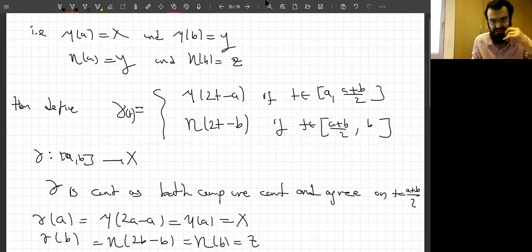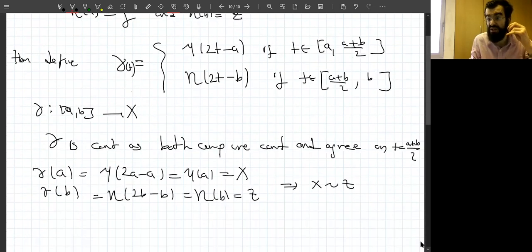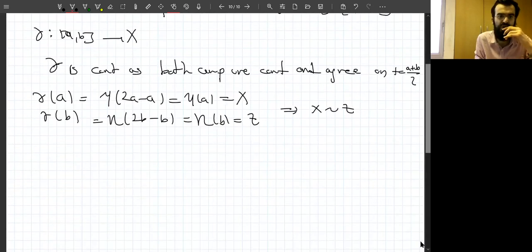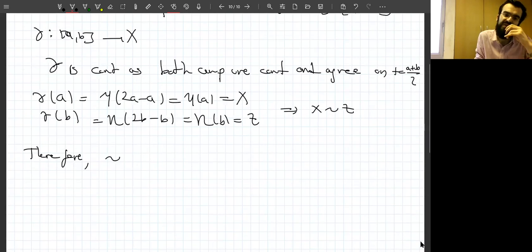This is z, implies x related to z. Hence, our relation is an equivalence relation.